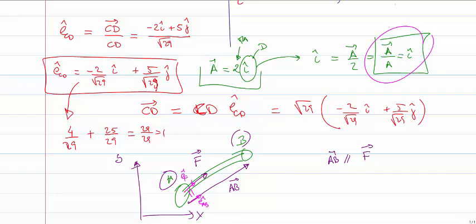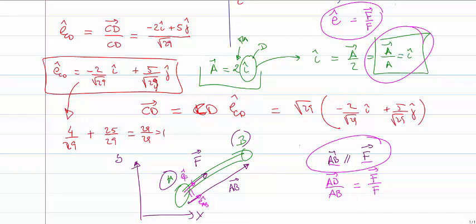Therefore, as we apply the definition of unit vector, which is in general, any vector divided by its own magnitude, let's apply this to both AB and F, and we have position vector AB divided by length of AB is equal to the force F divided by its own magnitude. Because once we have identified that those two vectors are parallel, we know right away that e_AB is equal to e_F.